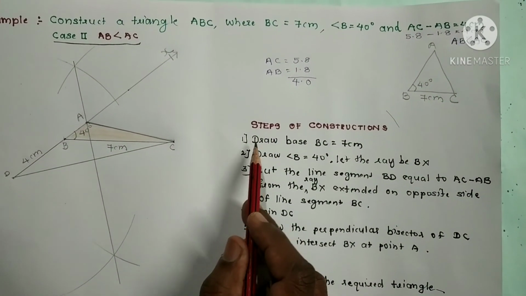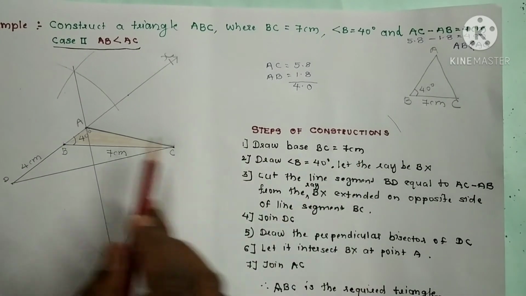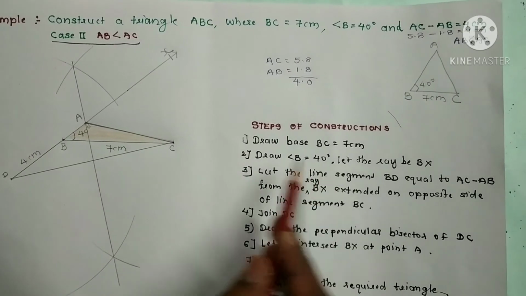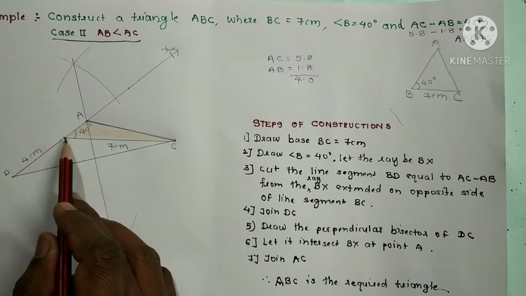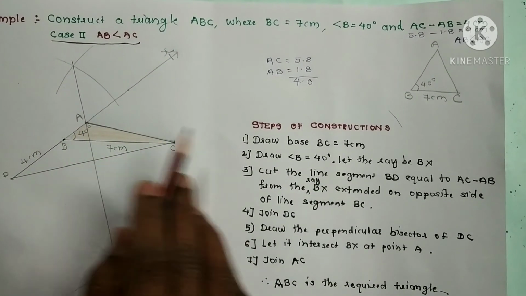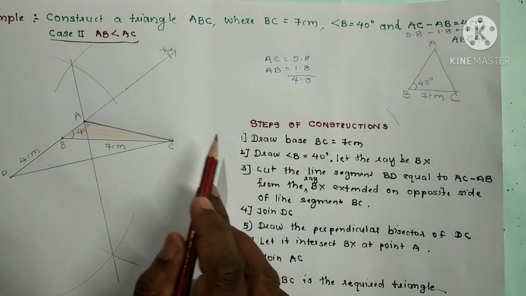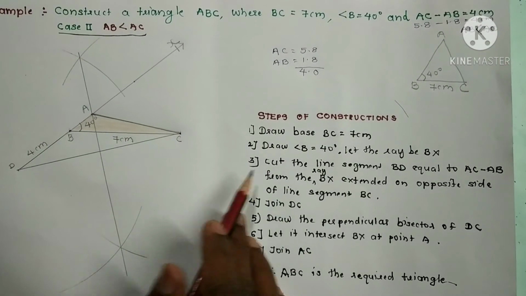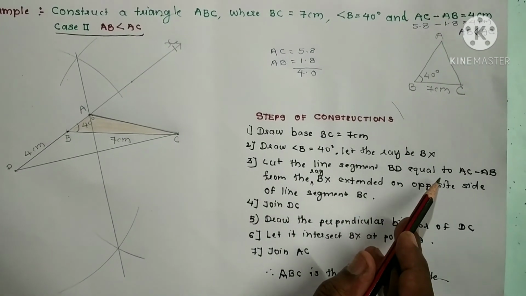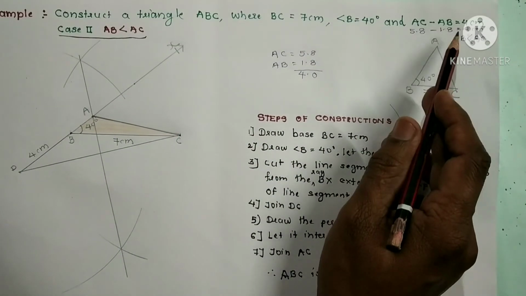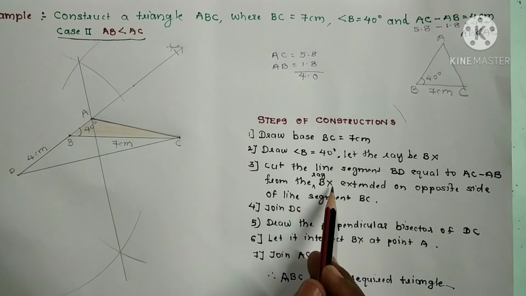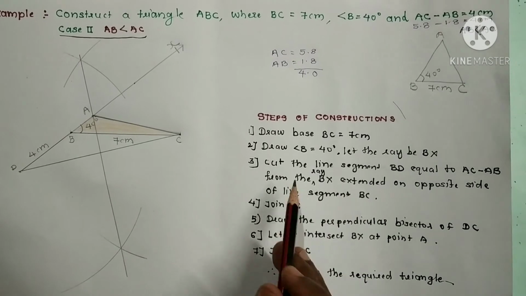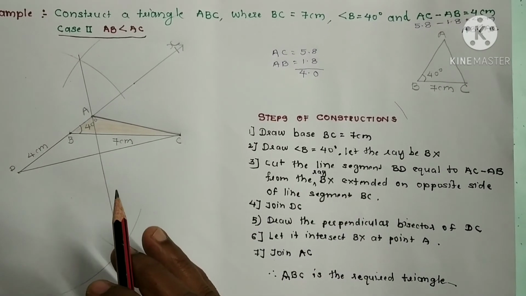So the first step is draw base BC equal to 7 centimeter. Second step is draw angle B equal to 40 degree. Let the ray be BX. So these are the same steps for case 1 and case 2. For the third step, cut the line segment BD equal to AC minus AB from the ray BX extended on the opposite side of line segment BC. Only the third step is different here.